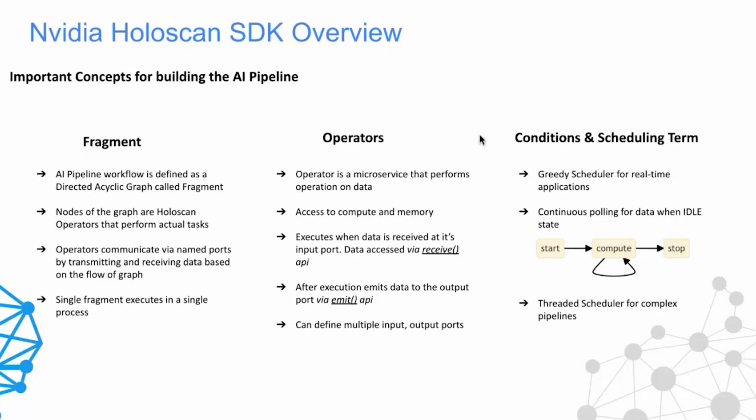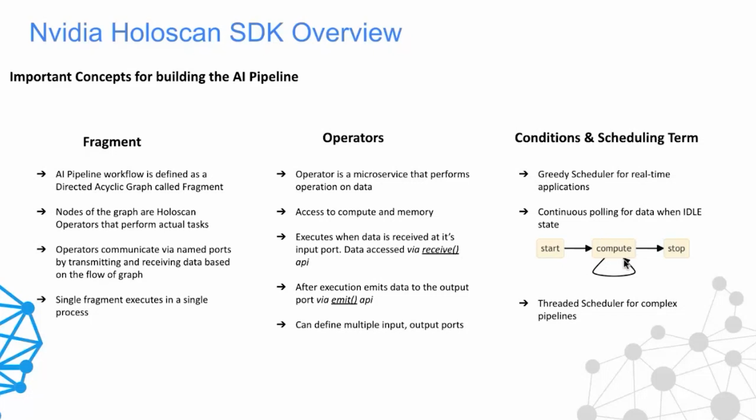The third most important concept is the condition and scheduling term. These operators have this life cycle of start, compute, and stop. Start is where you initialize the context and any other initialization that you want to make during the real-time life cycle of the operator for each frame. This is continuously called compute method.